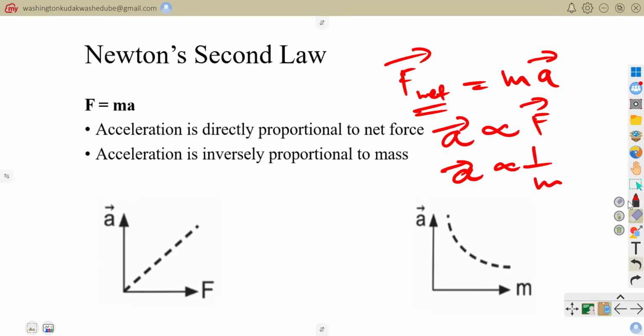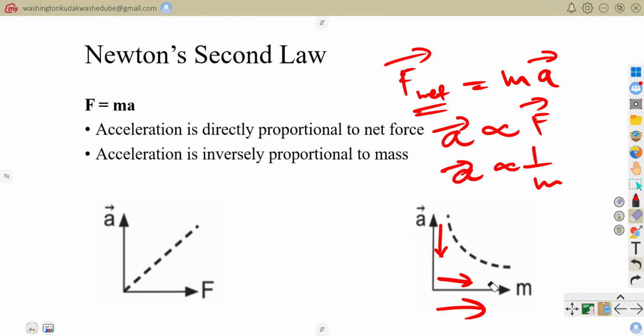Now, we also have another graph, of acceleration against the mass of the object. The mass of the object is the independent variable, whilst the acceleration is the dependent variable. When we increase the mass of the object, the acceleration of the object will decrease.